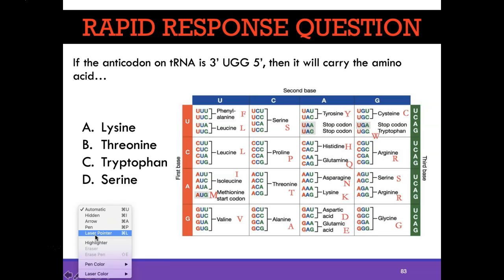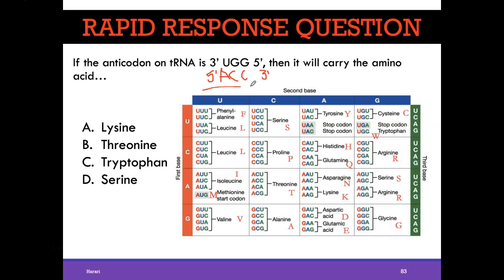The tRNA has 3' UGG 5'. That means it would recognize the codon 5' A, C, C 3'. Since this is an mRNA codon written 5' to 3', I can then look this up in a codon table. So 5' A, C, C encodes for threonine.